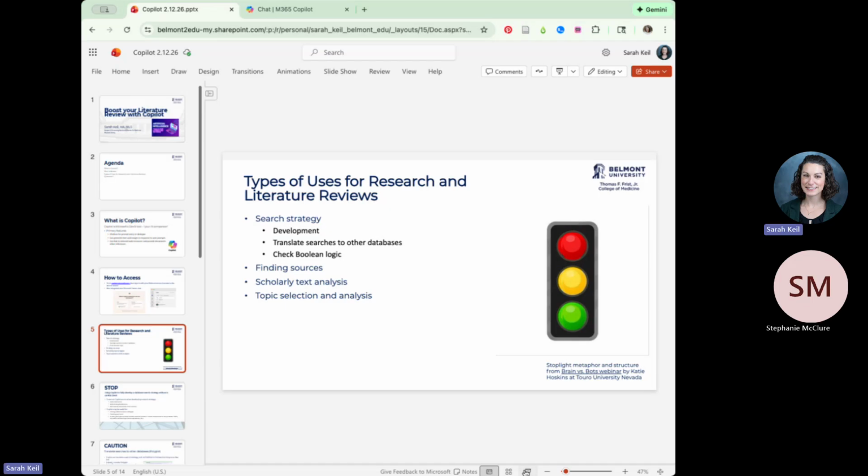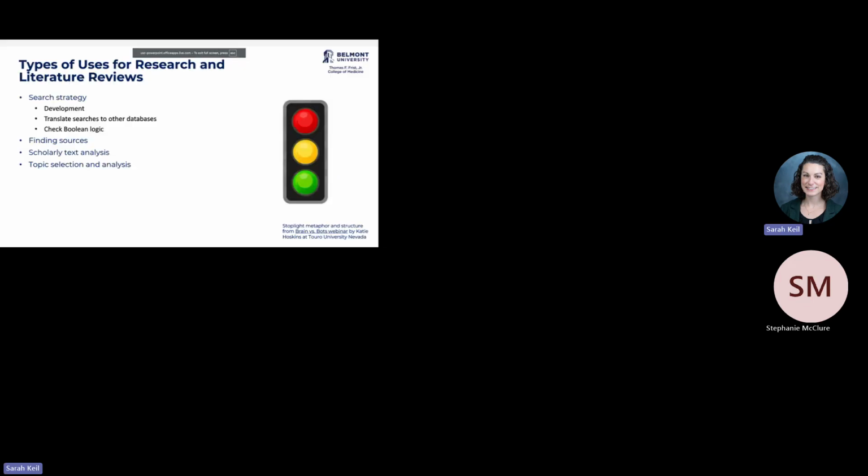So today we're going to look at a few different options for using Copilot for research and for literature reviews. As I prepared for this session, I did some research to look into the ways that people are using Copilot or recommending others use Copilot for research and lit reviews. And there are many different options.